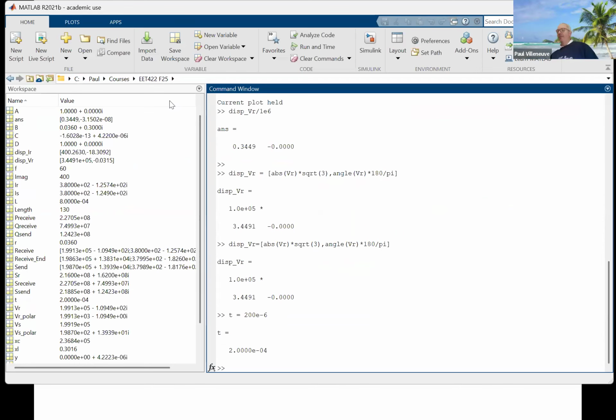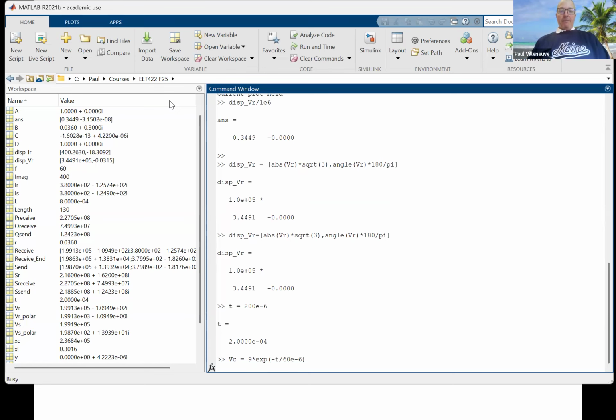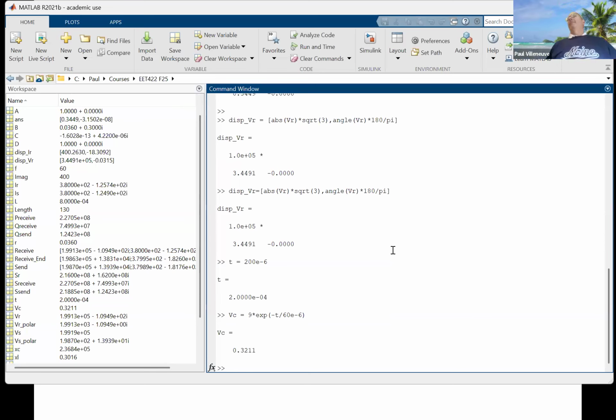So our VC expression is going to be equal to 9 times exp in MATLAB, to the negative T over tau, which is 60 e to the minus 6. 321 millivolts. Which checks our result.